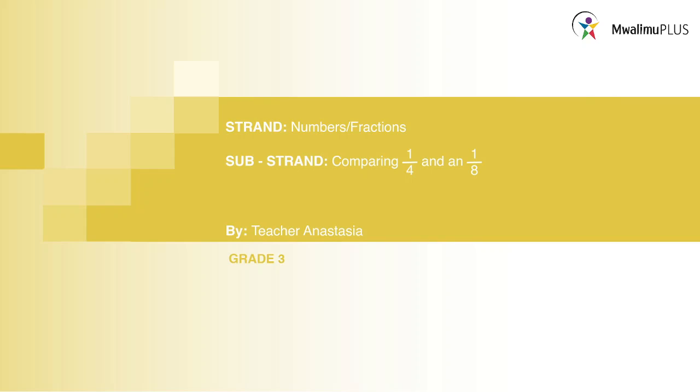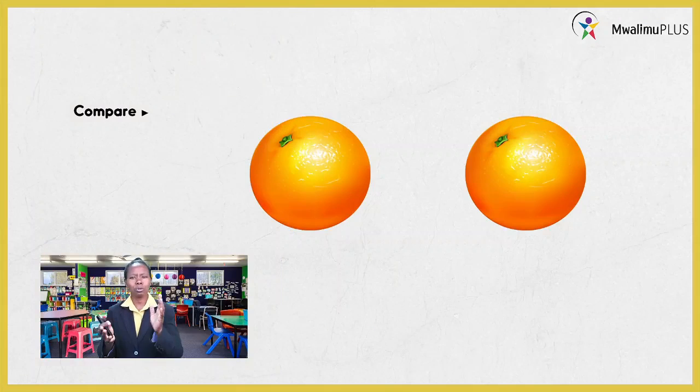So now, we want to compare them. When we are comparing them, it means that we are going to identify which one is bigger than the other one. And so, we are going to have activities that will help us know which one is bigger and which one is smaller.